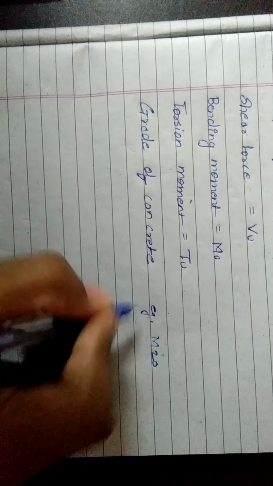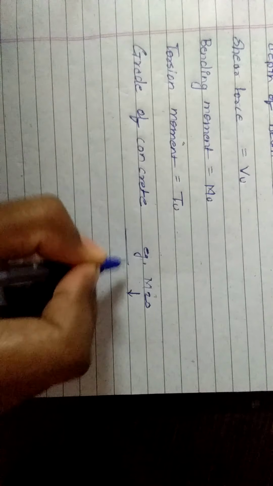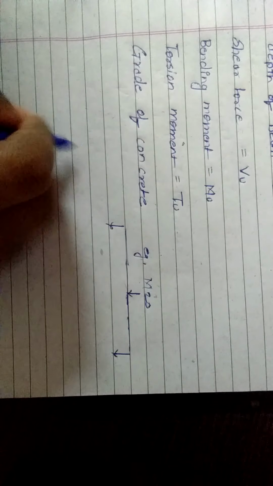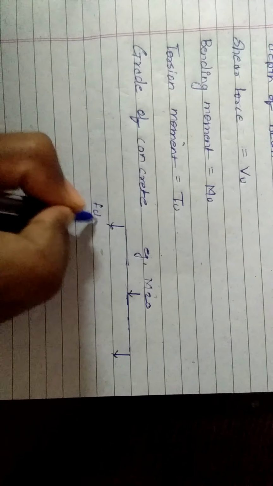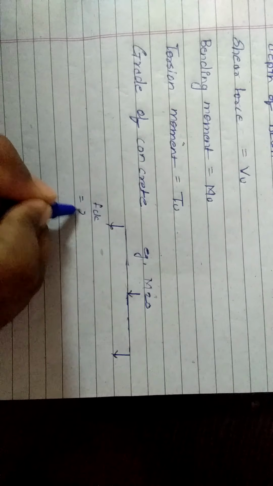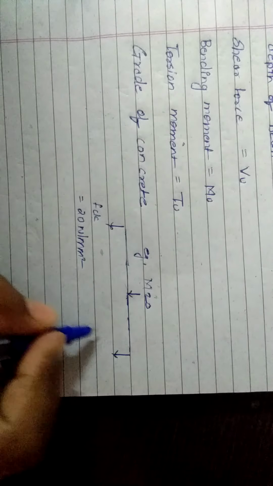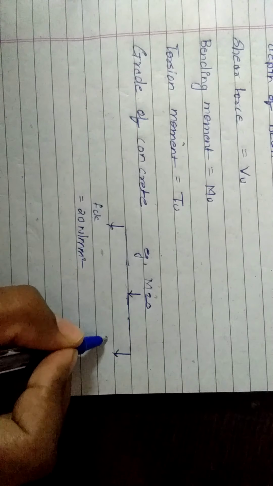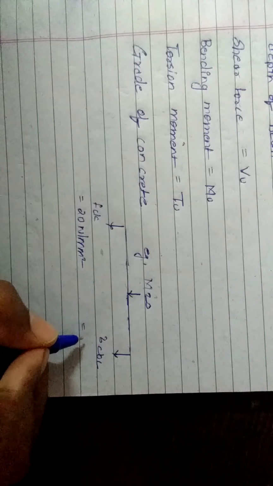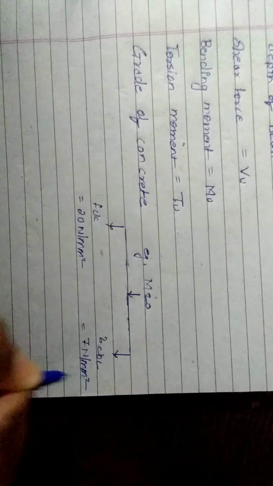Then there are two values given. Firstly FCK, the characteristic strength, and if it is M20 then we have 20 Newton per mm square, and the other will be sigma CBC, and that value will be 7 Newton per mm square.